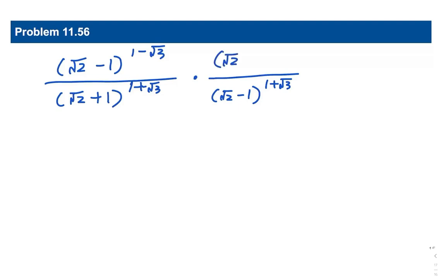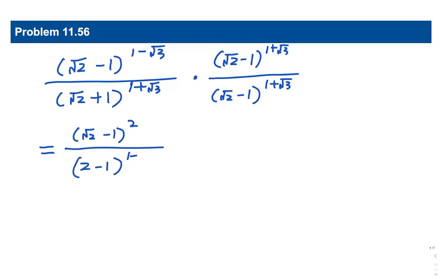And the same thing for the numerator. Then the numerator is square root of 2 minus 1 squared. Denominator is 2 minus 1 to a power 1 plus square root of 3. So this is just 1. 3 minus 2 times square root of 2.